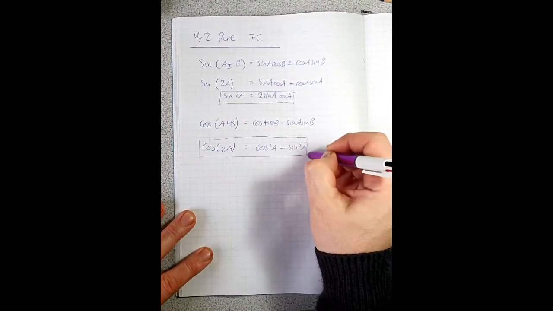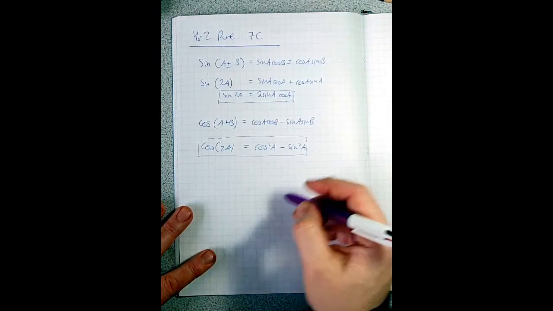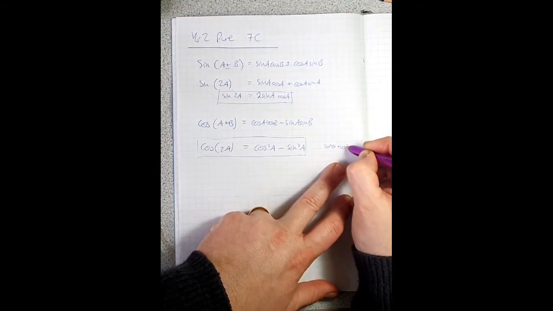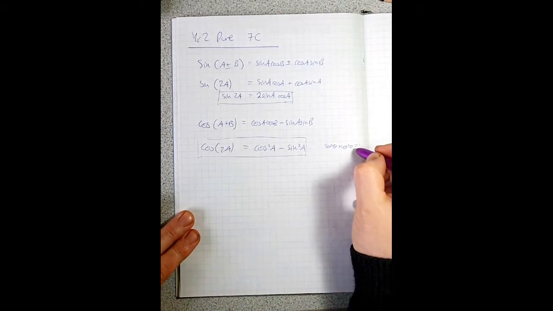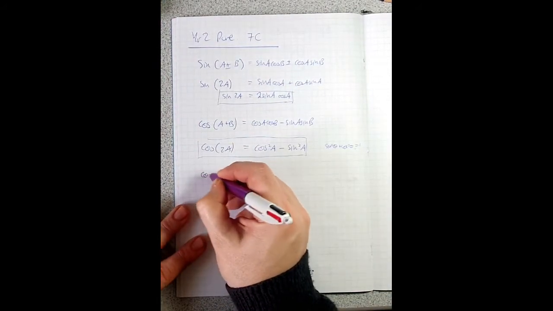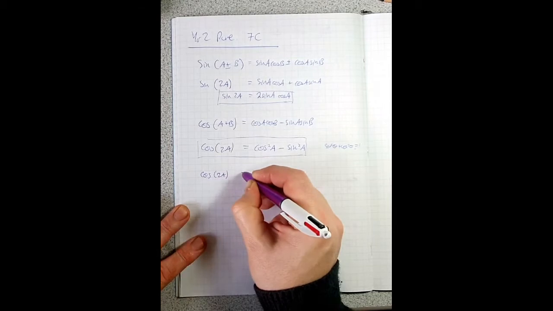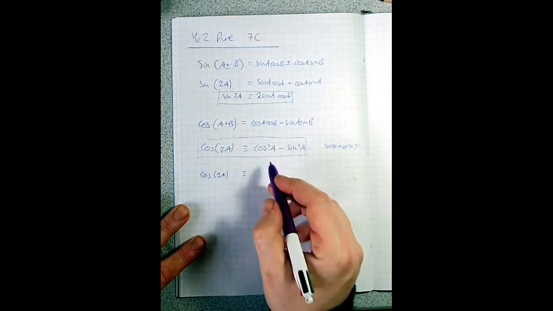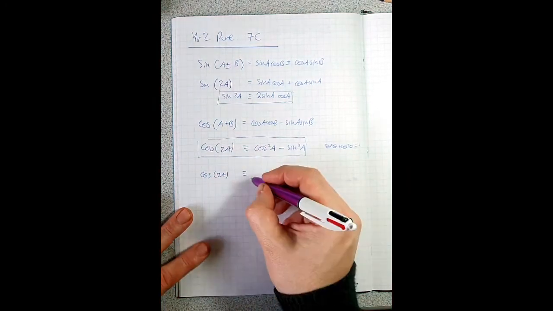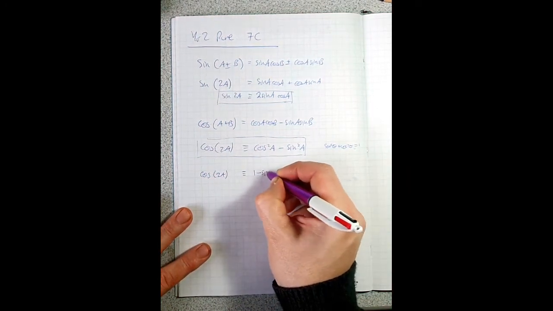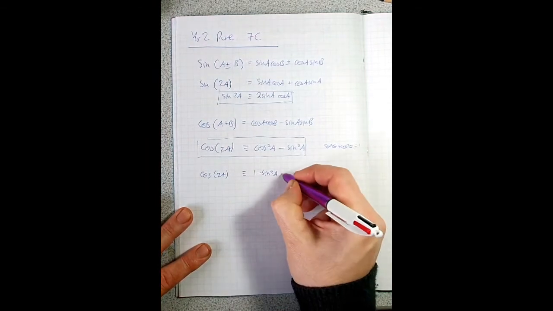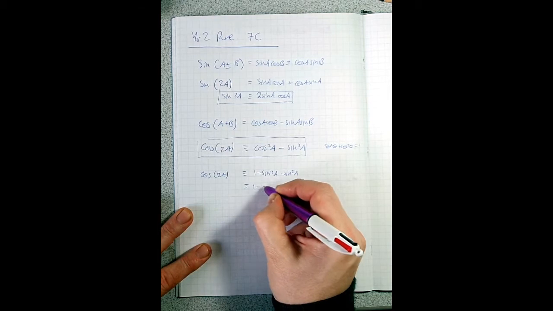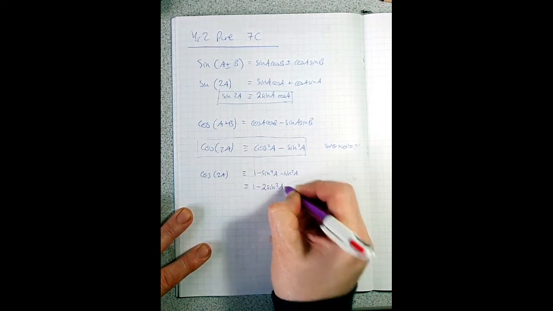Now we can do more than that because remember sine squared plus cos squared is 1. That means I could write this differently. Cos of 2a is identical, and I should use the identity symbol, to, instead of cos squared, I'm going to write 1 minus sine squared a. So that's 1 minus 2 sine squared a.